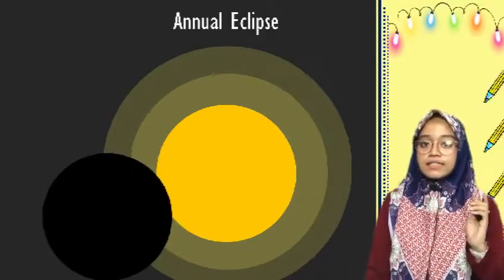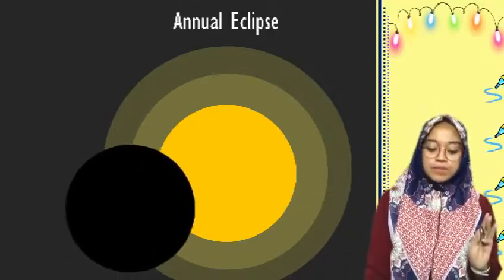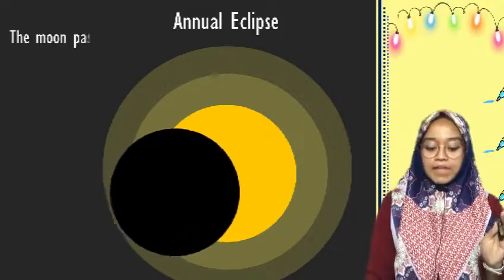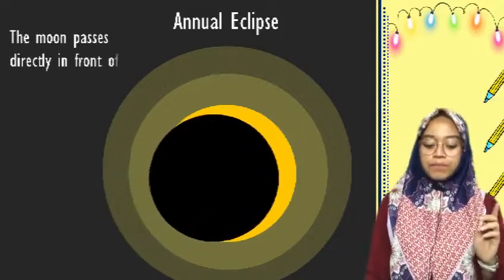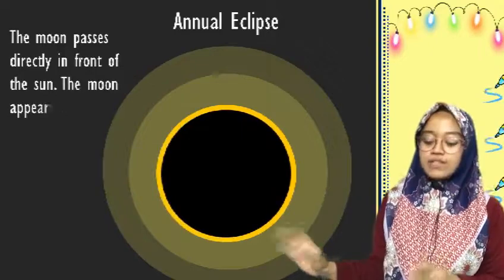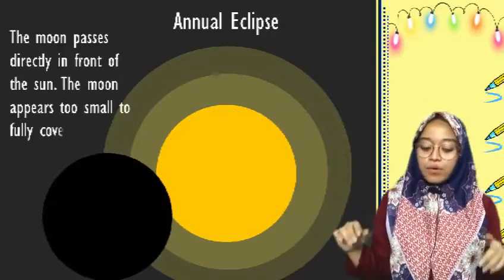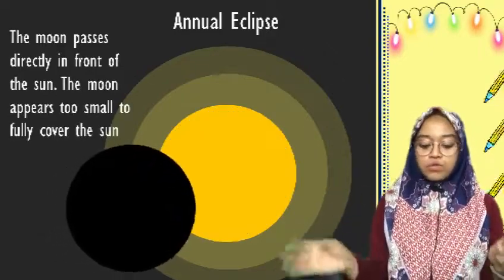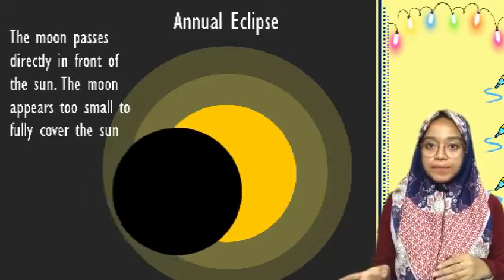And the third type is the annular eclipse. An annular eclipse can happen when the Moon passes directly in front of the Sun, but the Moon appears too small to fully cover the Sun.